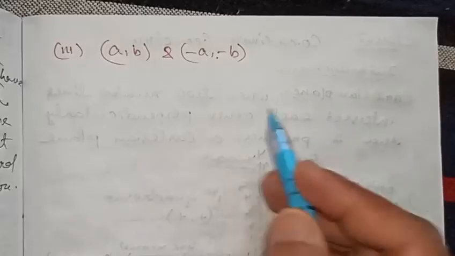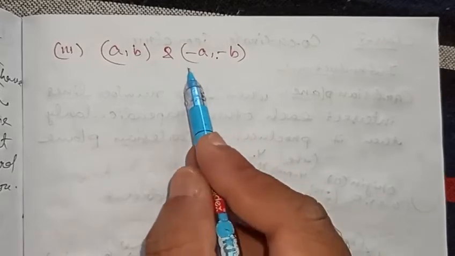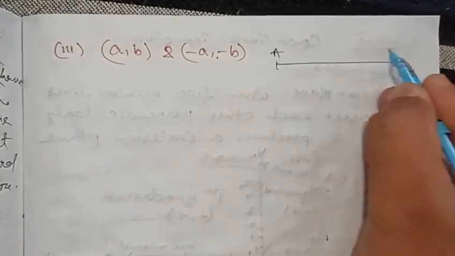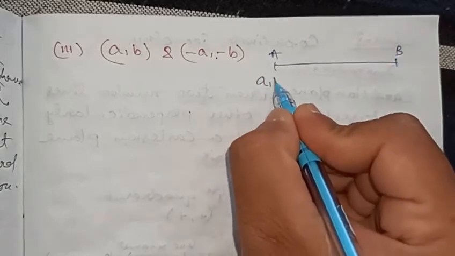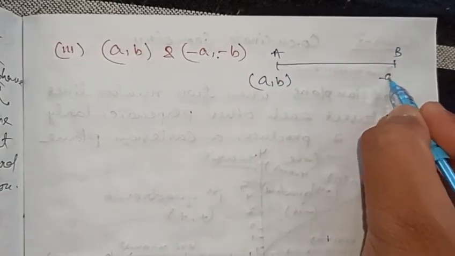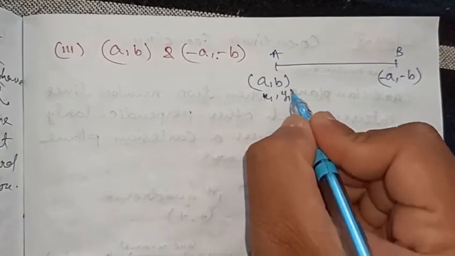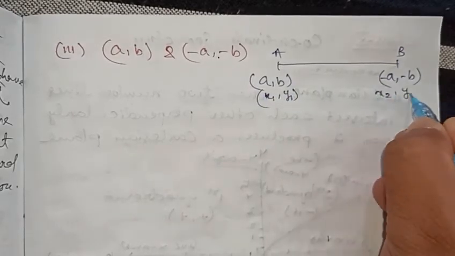In the third part, the question gives (a, b) and (minus a, minus b). We will name it AB. A is (a, b), B is (minus a, minus b), with x1, y1 and x2, y2.